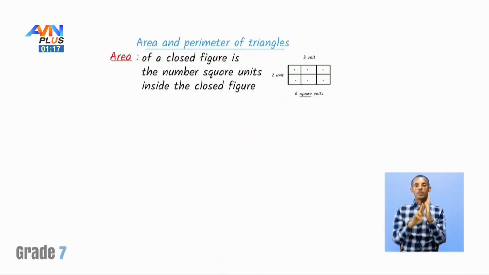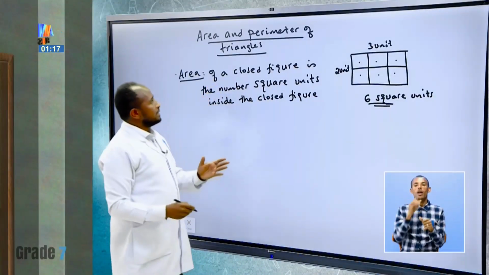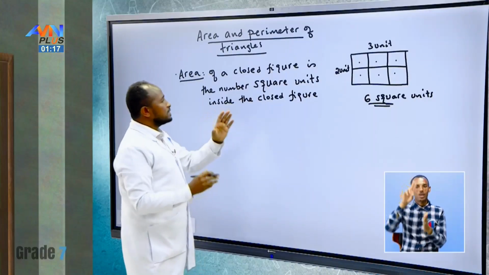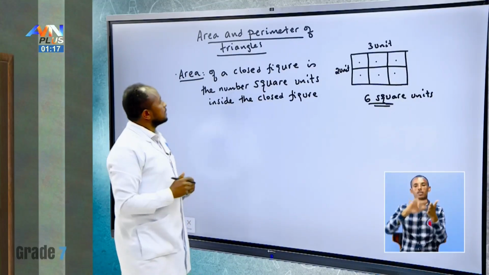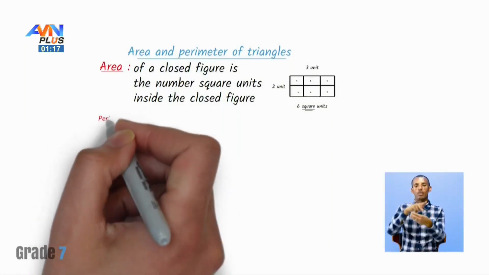Therefore, the meaning of area is simply the number of square units inside that closed figure. That's the meaning of area. Now, let's see what a perimeter is.